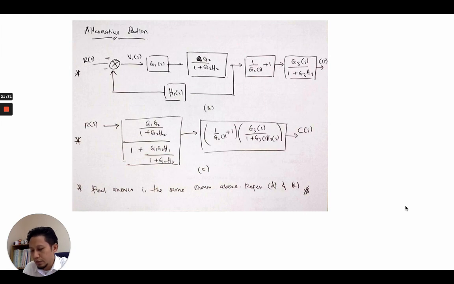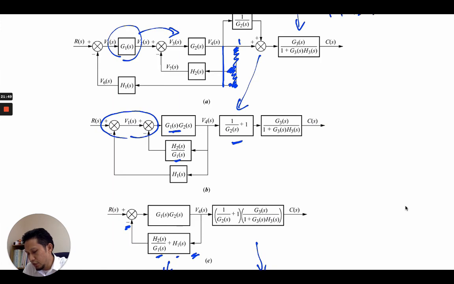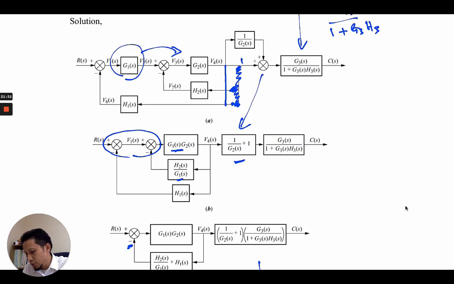Okay, this is the alternative solution that you can use to solve this kind of problem. So in this case, instead of moving the G1 in front of the summing junction, you can simply take the feedback of this G2 and H2.